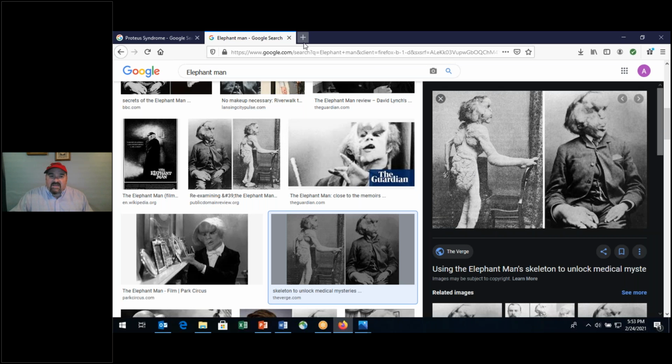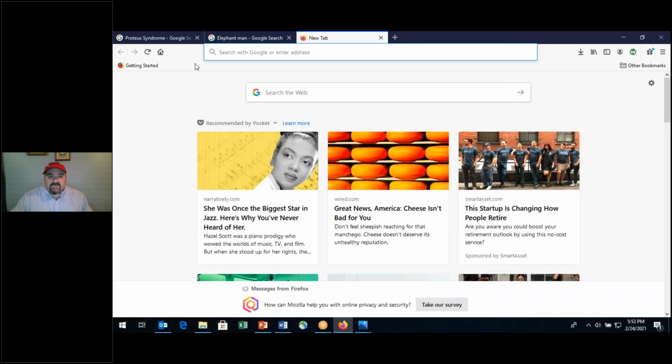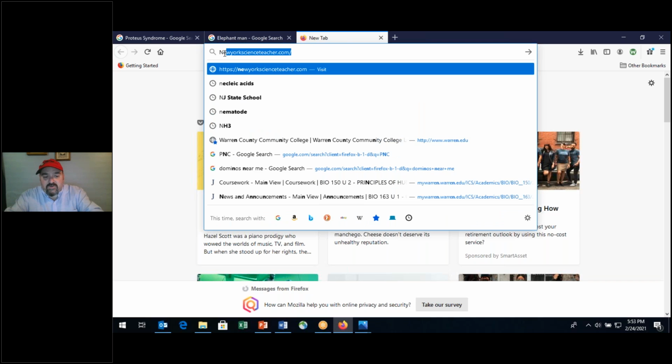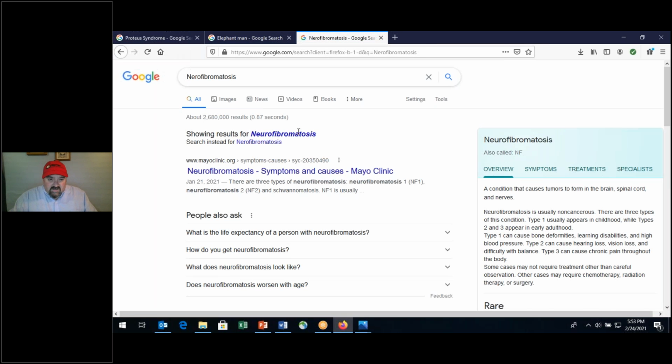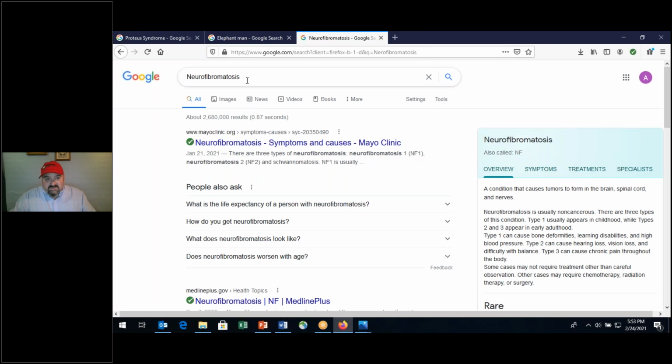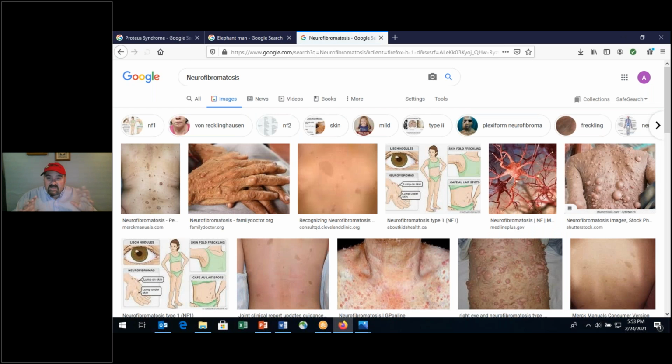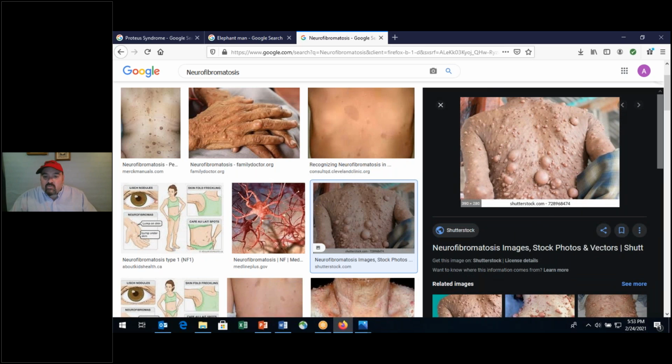Now, they initially thought that he might have suffered from what's called neurofibromatosis. There are different types of neurofibromatosis, but this has more to do with growths that are present. When I was in graduate school working within the outpatient clinic, I had a patient who suffered from neurofibromatosis.